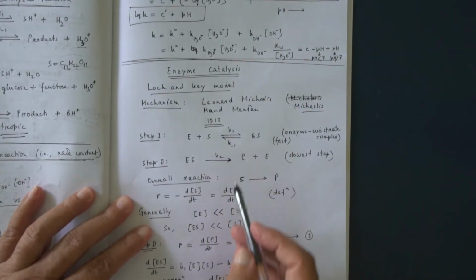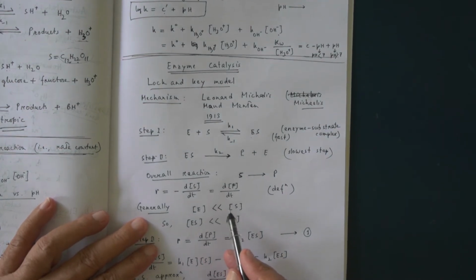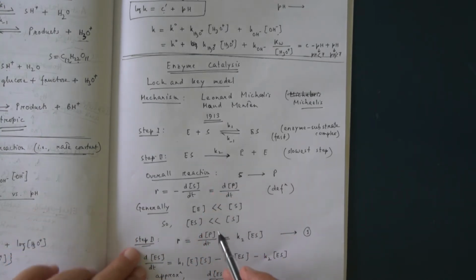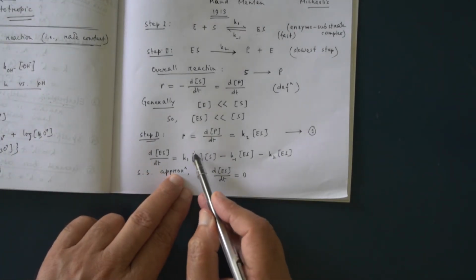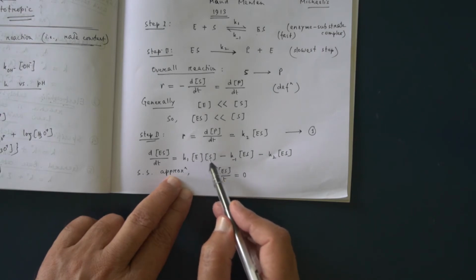Now here you see, the concentration of enzyme is generally less. Okay, but here, what does this mean?